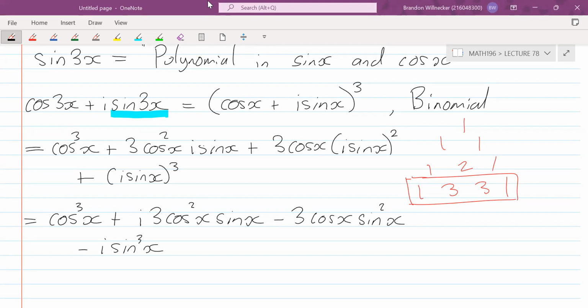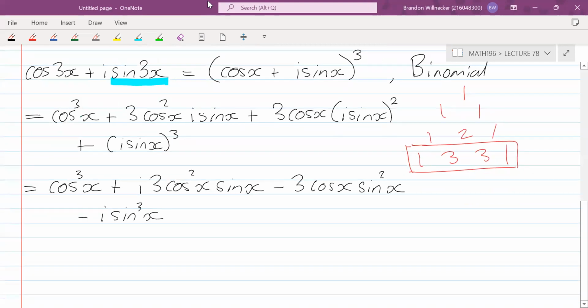Okay, good. Now, remember what I said earlier. On the left-hand side, we've got the real part corresponding to cos, the imaginary part corresponding to sine. We're only interested in the imaginary part because we're looking for sine 3x. So that means on the right-hand side, we need to look for the imaginary part.